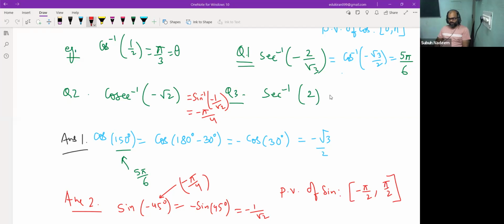Last is sec inverse 2. This means cos inverse 1 by 2. So here I have not given a negative input.